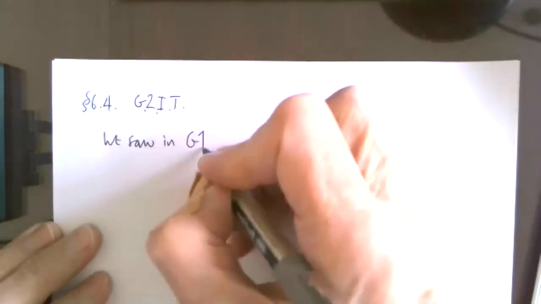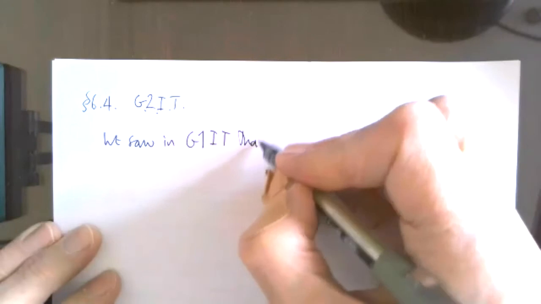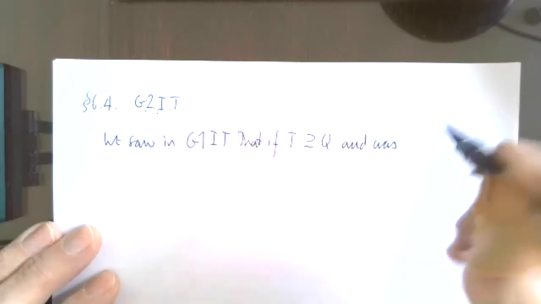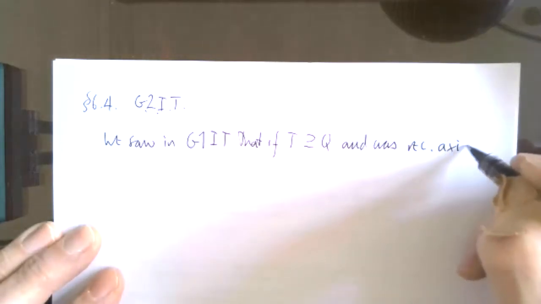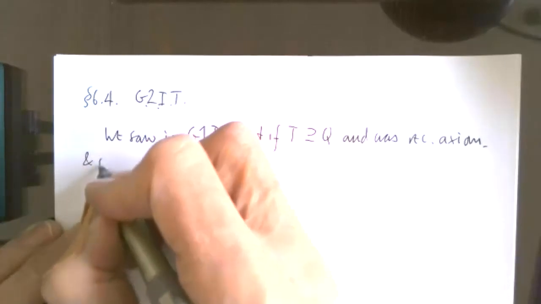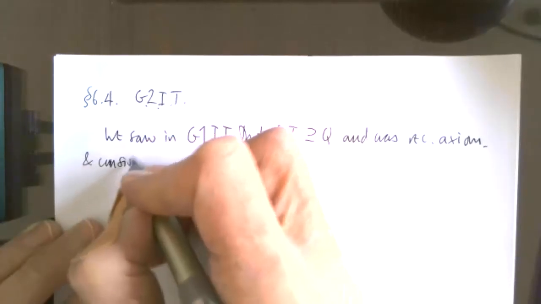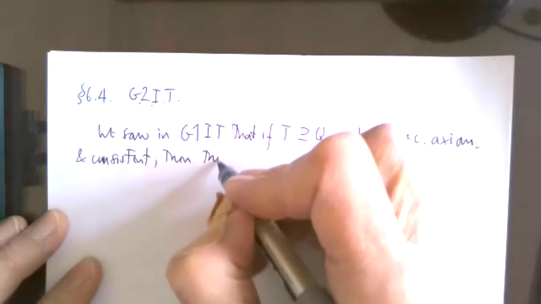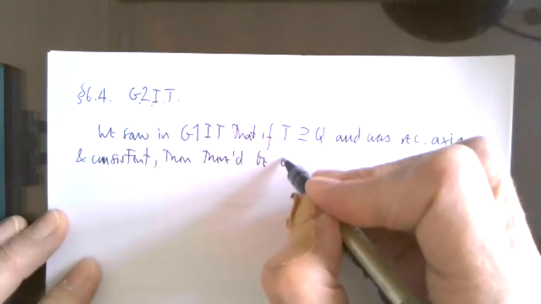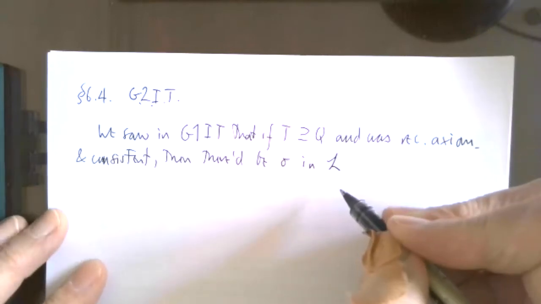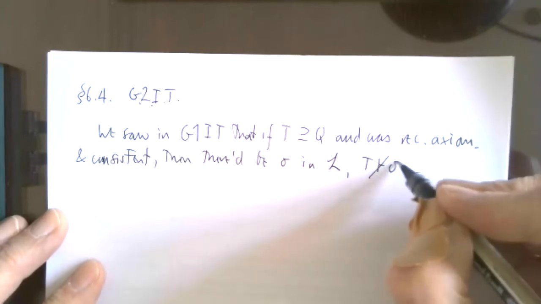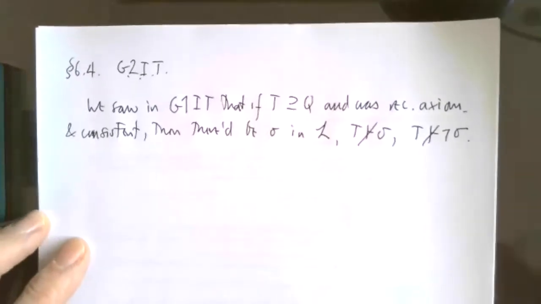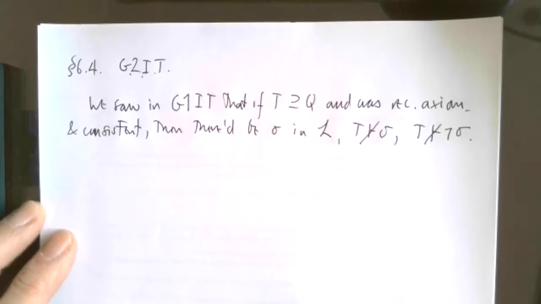We saw in the first incompleteness theorem that if T extended Q and was recursively axiomatizable and consistent, then there would be a sigma in the language such that T did not prove sigma and T did not prove not sigma. It's incomplete.